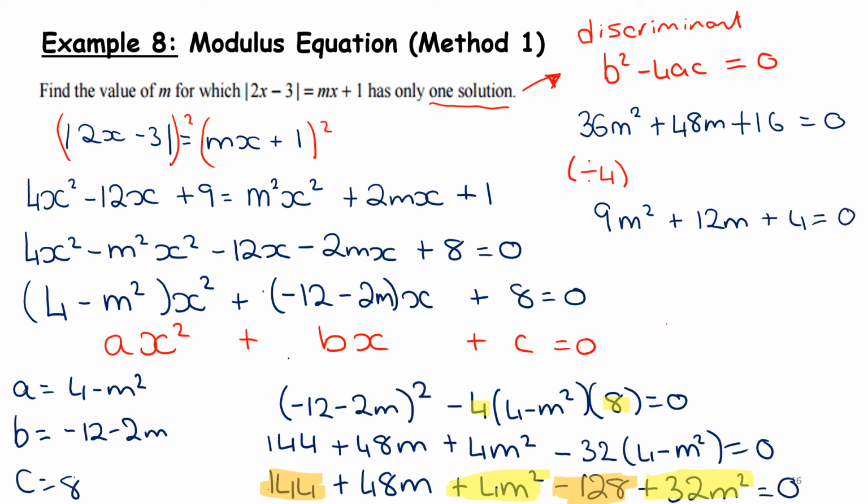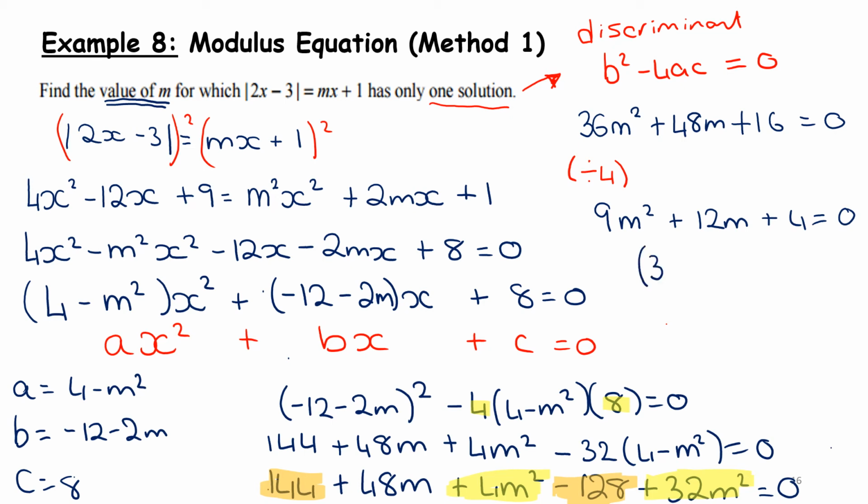Now, here we have find the value of m. So we're only going to get one value for m. We have a quadratic trinomial here, and you can work this through using guide number or trial and error, whatever way you usually factorize a quadratic. However, because we're only looking for a single value, it's possible that this is a perfect square.